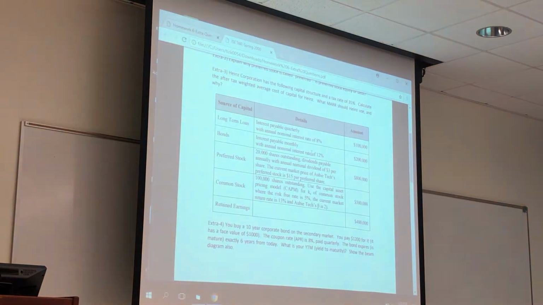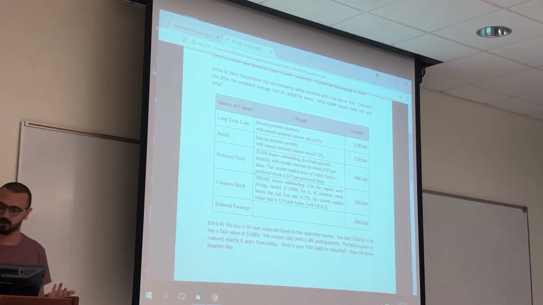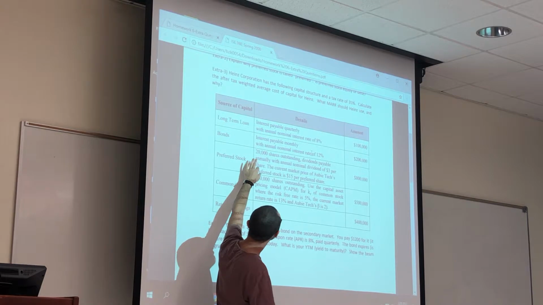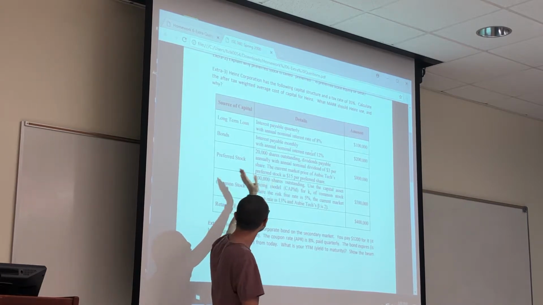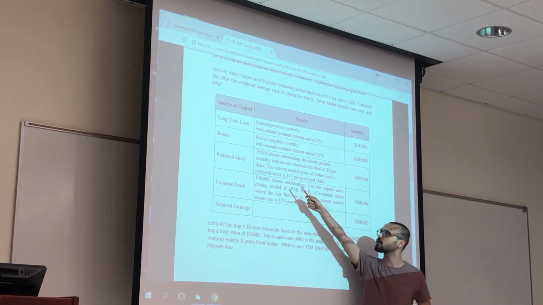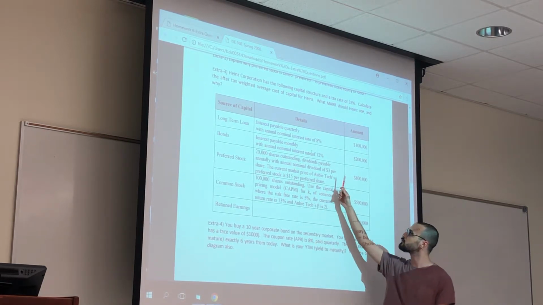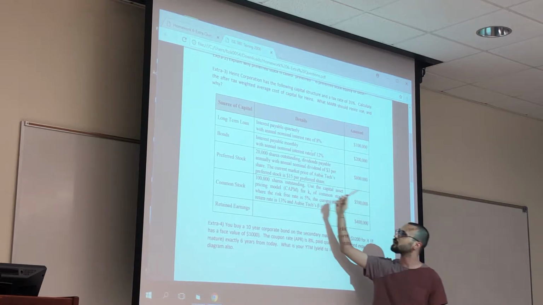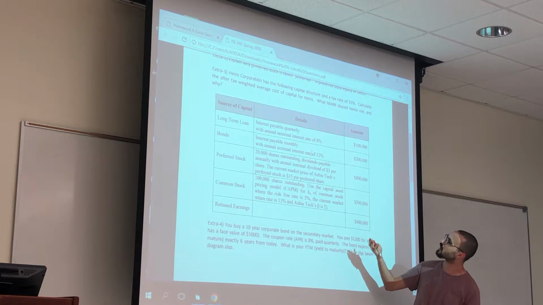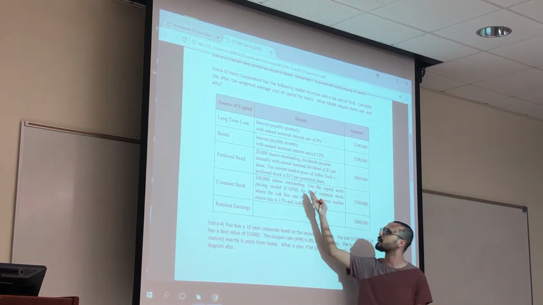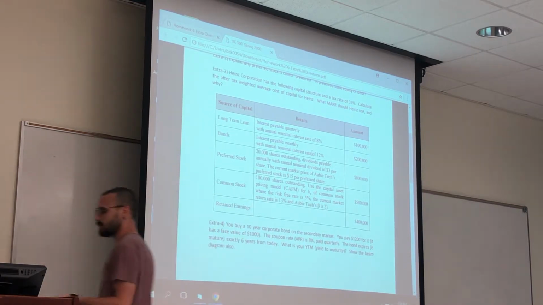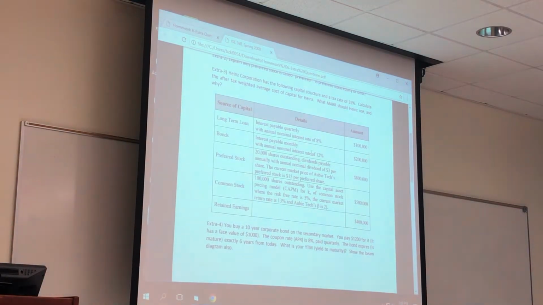The K_i for preferred stock will be, again, in the details. There are 3 numbers there, but we're going to use 2 of them. We're not going to use the 20,000 shares. We're going to use $3 per share and then $15 per preferred stock. Yes, dividend of $3 and then price is $15. So you buy a stock for $15 and you get $3 of dividends at the end of the year.